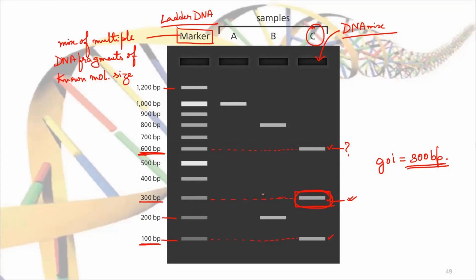This technique is not there in your book directly, but it is the technique by which you can identify the specific band containing your gene of interest and isolate it. Therefore, when you do the gel elution and take out the DNA, this DNA is your gene of interest which you want to play with in the remaining experiments.